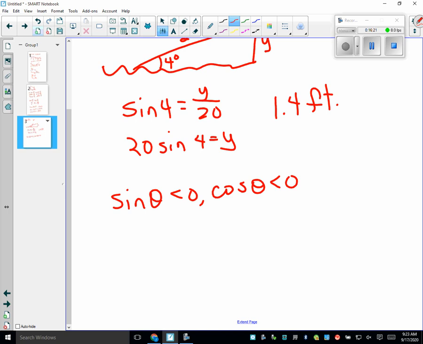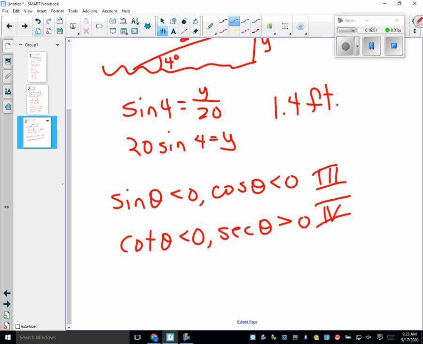Third. Okay. What about this one? Four. By the way, Roman numerals, right? Yes. That's 4? You agree?